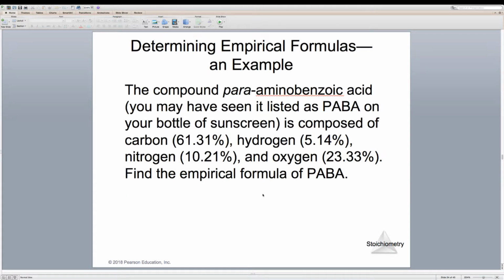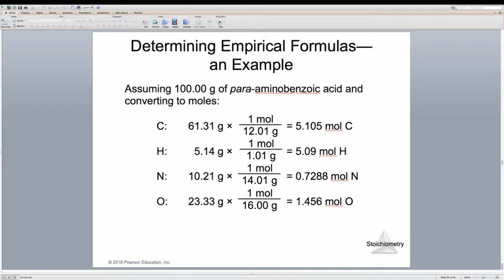Here, they show you an example using para-aminobenzoic acid. We have the percent composition of carbon, hydrogen, nitrogen, and oxygen, and we want to know the empirical formula. So what they do is they convert each of these, assuming a 100-gram sample, into grams.